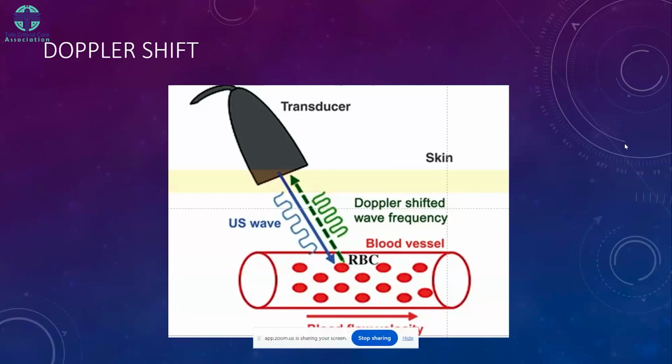So basically consider a blood vessel in which your erythrocytes are moving in a particular direction. When the transducer is emitting an ultrasonographic wave towards the blood vessels, these erythrocytes will be reflecting those waves.